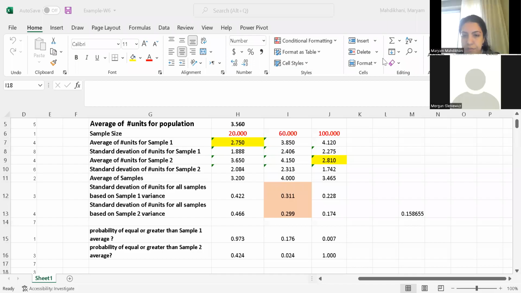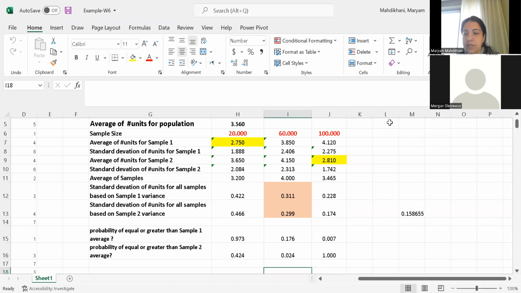Okay, so what we learned from the concept was we are taking the sample from the population, and then we take the average of the sample, and also calculate the standard deviation of that sample. Then we calculate the estimated standard deviation for all the samples based on the variance or standard deviation of that specific sample that we chose.